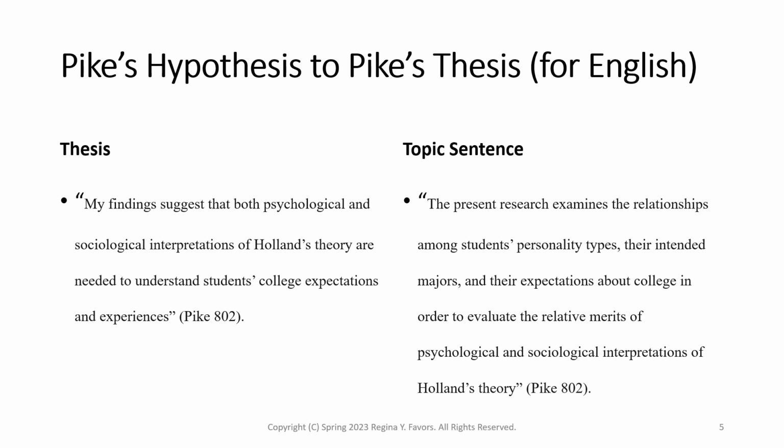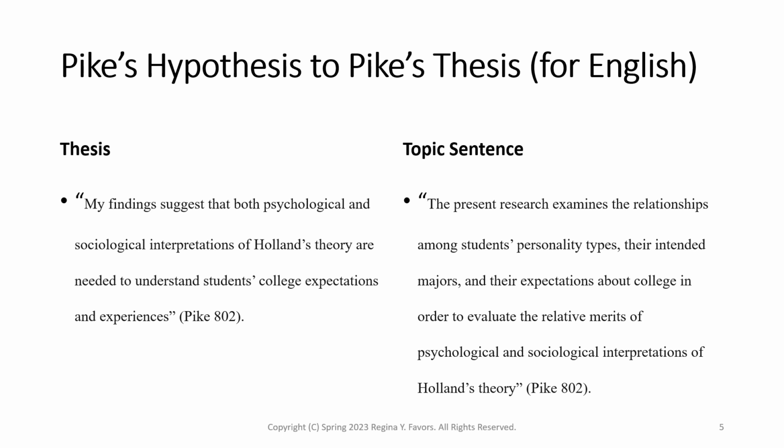So then his topic sentence immediately follows. "The present research examines the relationships among students' personality types, their intended majors, and their expectations about college in order to evaluate the relative merits of psychological and sociological interpretations of Holland's theory." Now we are directly quoting this information, so we place it in quotation marks.